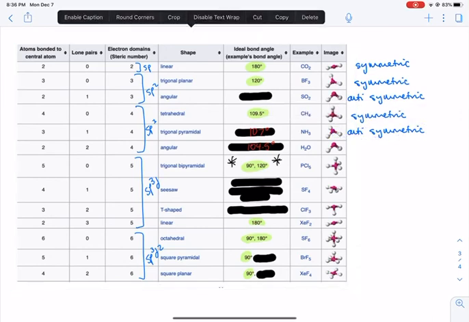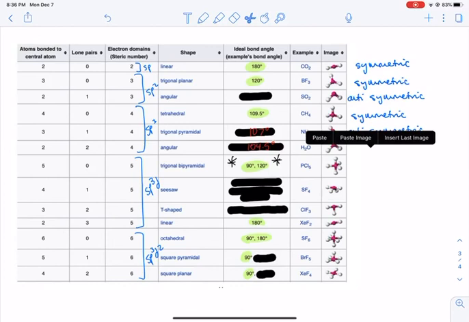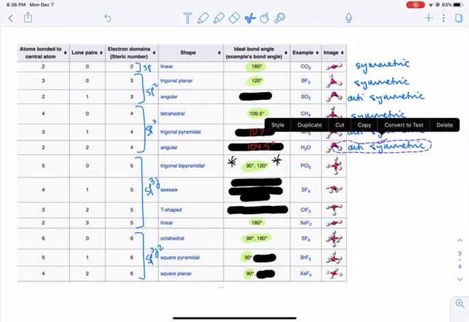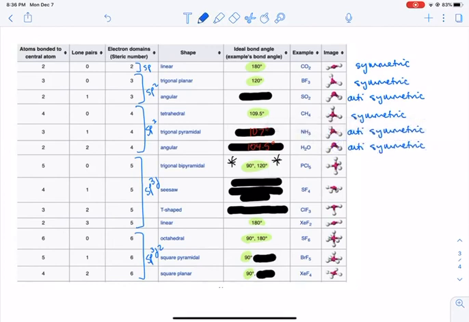Angular, which we're really going to call bent here for water, is antisymmetric. I don't like angular, I like bent. Seesaw, antisymmetric. Am I spelling symmetric wrong?